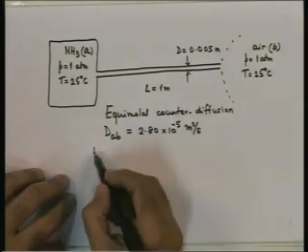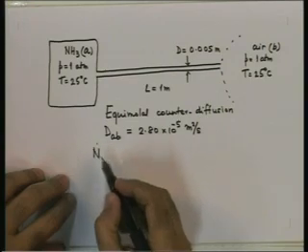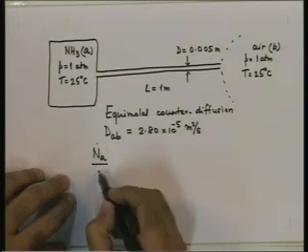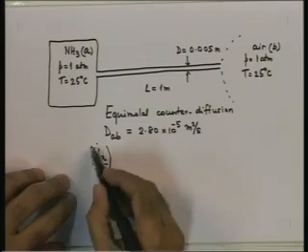And we have an expression for the molar flux of component A, in this case ammonia.